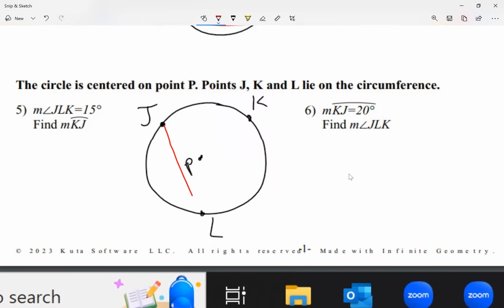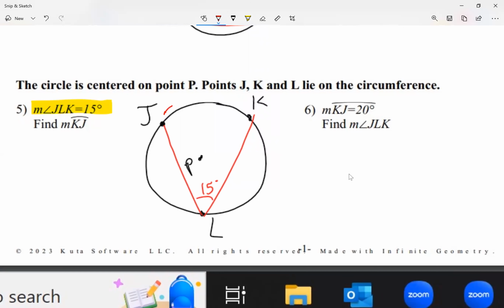I see an angle here. And I read here, the measurement of angle JLK is 15 degrees. Okay, so I know this angle right here is 15 degrees.